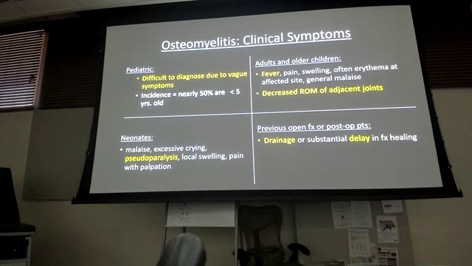So pseudoparalysis, that's the idea that I was describing to you, where they just don't seem to want to use that body part, that extremity. So pseudo meaning it's not true paralysis, it's not something that's nerve related, it's just that they're self-limiting themselves.